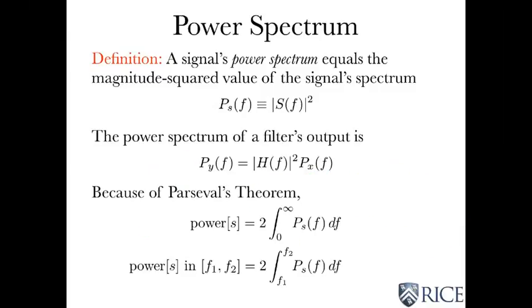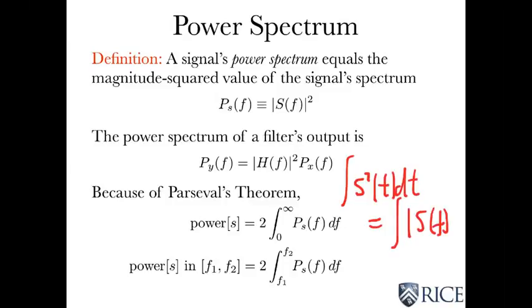Now, because of Parseval's theorem, if you recall, that said that the integral in time, which we call the power, is equal to the integral of the magnitude squared of the Fourier transform. Well, that's for us now the power spectrum.